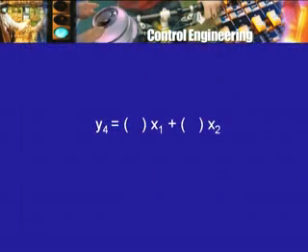So for example, let us say we want to look at the expression for y4 in terms of x1 and x2. So I want y4 equal to some expression into x1 plus some other expression into x2.